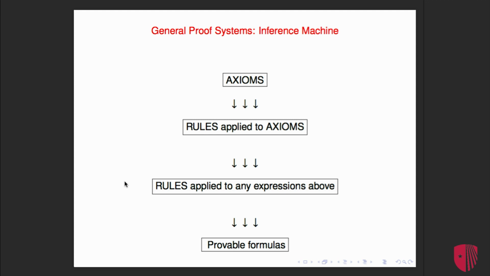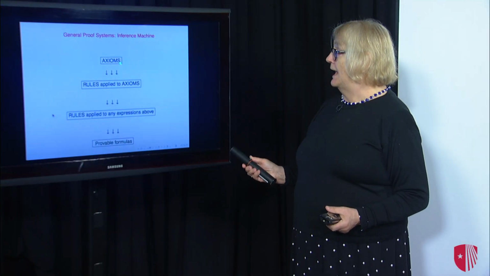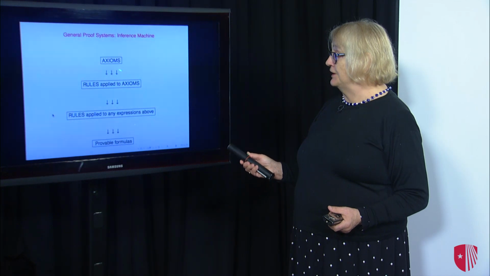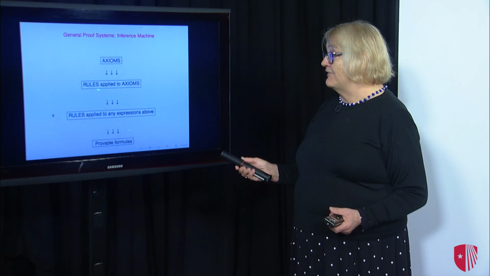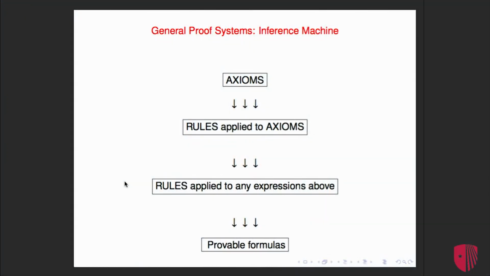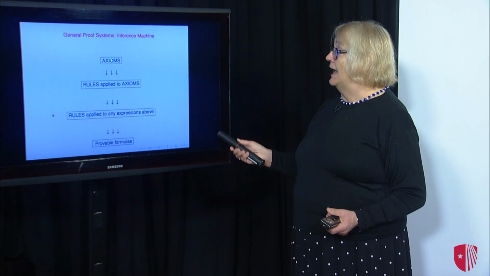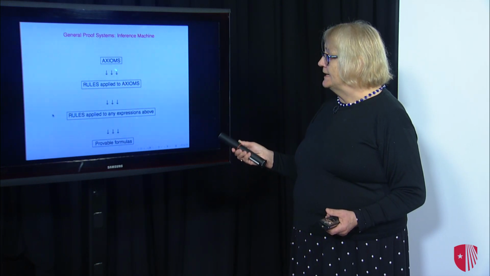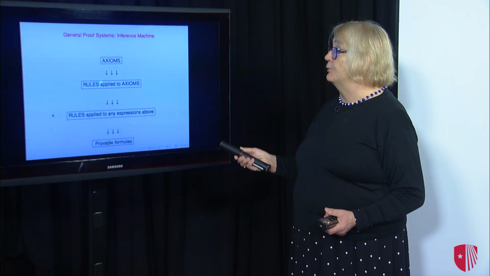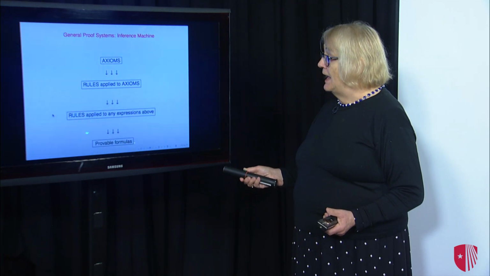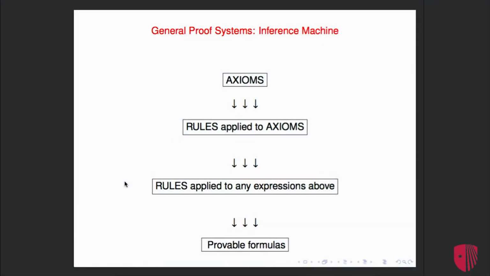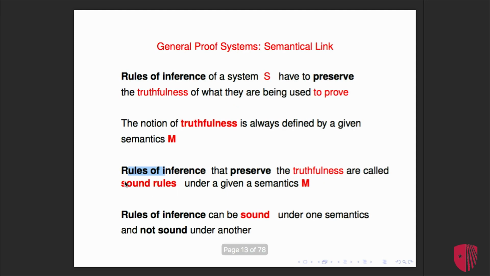We always start with axioms, and now the inference machine applies the rules. So we define what the axioms are, we define what the rules are and how we apply them. And the whole process is called a formal proof in a formal proof system. And provable formulas mean theorems of the proof system.